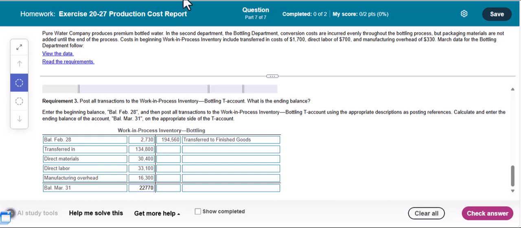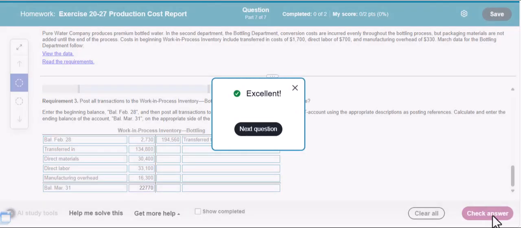And to double check, we can do our math by adding all of these here on the left side and subtracting out the transferred finished goods. And again, that's just another way to double check, but then let's go ahead and check our answer. Excellent. So that means we've done the production cost report correctly, and that is it.